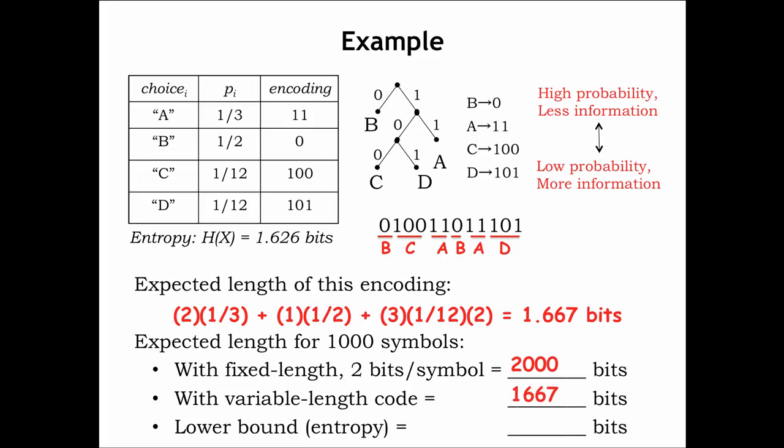The lower bound on the number of bits needed to encode 1,000 symbols is 1,000 times the entropy H of X, which is 1,626 bits. So the variable length code got us closer to our goal, but not quite all the way there. Could another variable length encoding have done better? In general, it would be nice to have a systematic way to generate the best possible variable length code, and that's the subject of the next video.